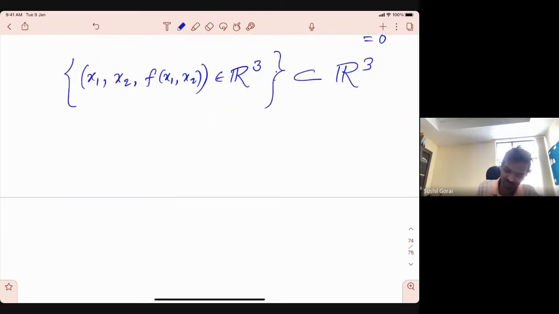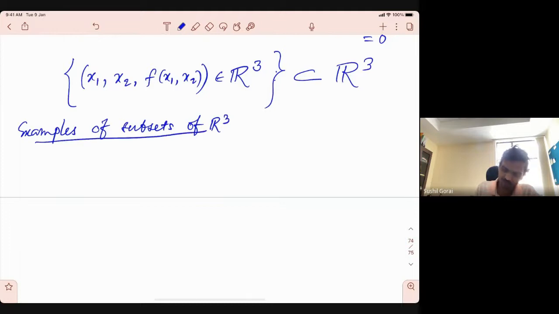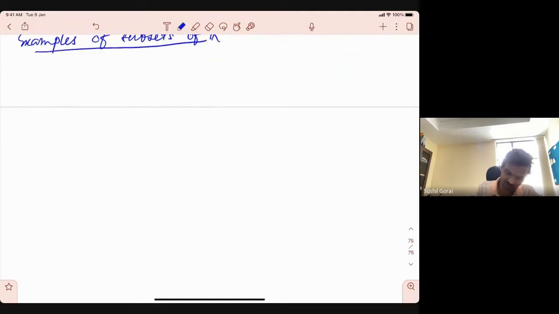So let's look at examples of subsets of R3. Of course, I'm not going into discrete sets and all this stuff, but it is important to understand what kind of subset this can be.